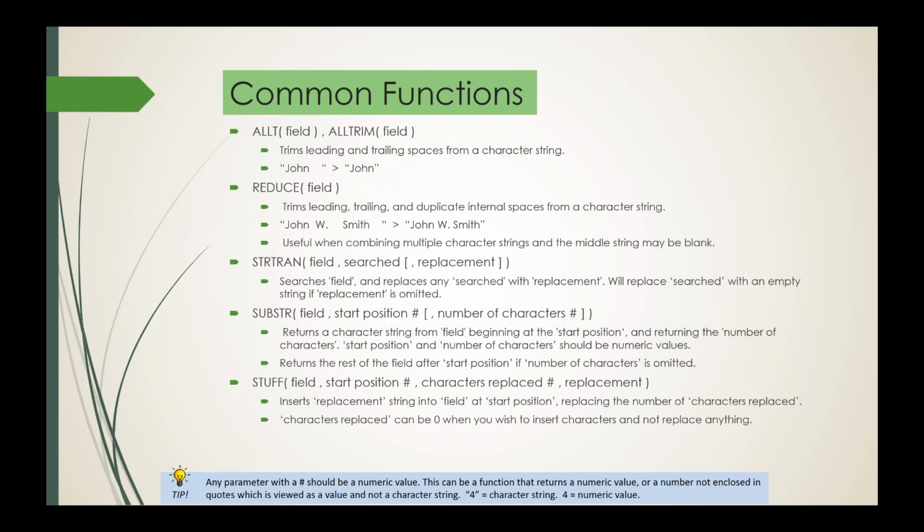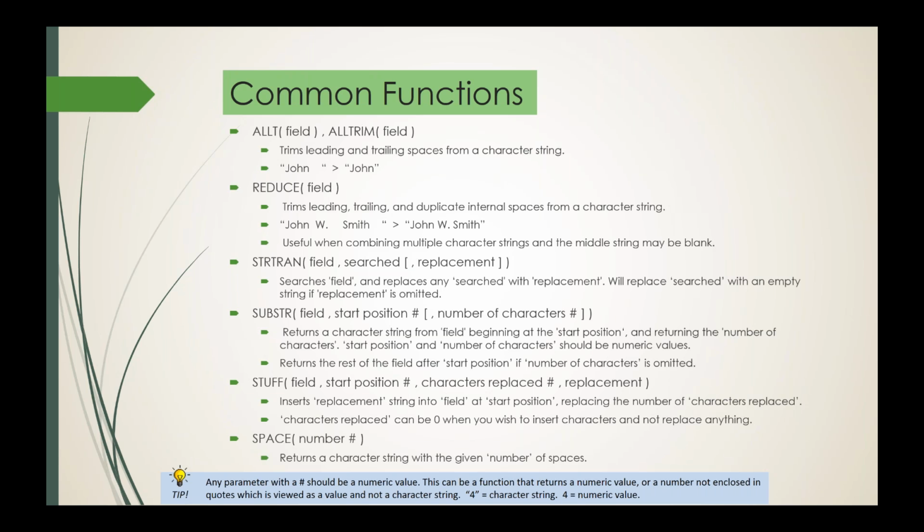Now with characters replaced, maybe you just want to insert something into a field, but you don't really want to replace any of the existing characters with your replacement. What you can do in that case is just put a 0 in characters replaced. That's basically saying just insert something into this specific field at this location without replacing anything.